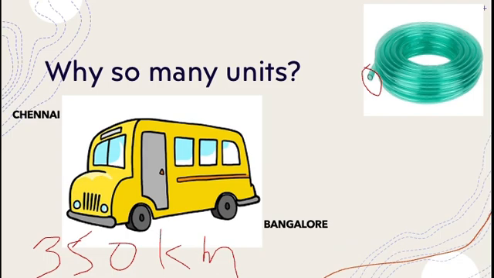When you see the distance between Chennai and Bangalore, the distance is very big, so we take a bigger unit. But when you look at the diameter of the pipe, it is very small, so the unit is millimeter. Let us say it is a 12 millimeter thick water pipe. Millimeter is a small unit.